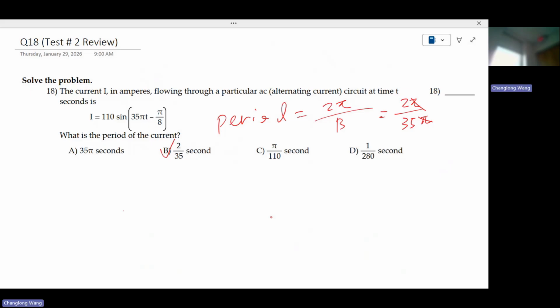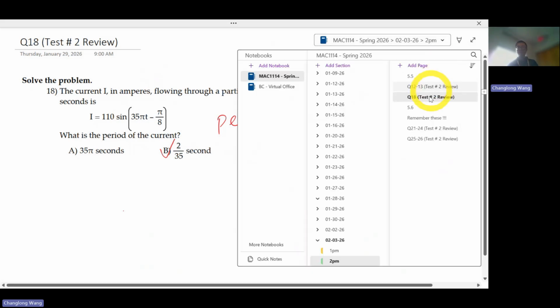For this question, basically I'm asking you to figure out the period using that formula. Or unless you want to really visualize what's going on, because this is a big number, so you're squeezing the graph by so many times. But I think we're getting to a point when you have an ugly value of b, you're better off using that formula. Okay. Now, all right.